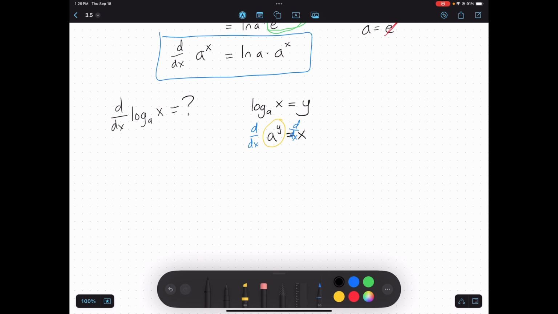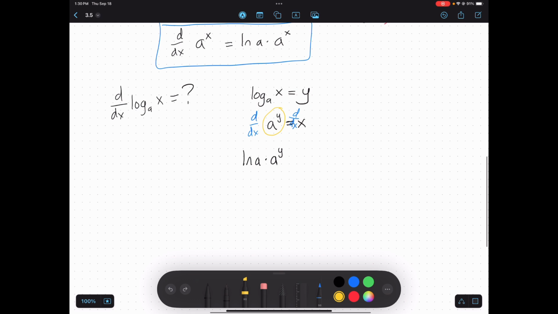So when I do the derivative of a to the y, I get natural log of a times a to the y. That's based off of my rule that I just came up with. But remember, this requires implicit differentiation because this is y, and I'm taking the derivative in terms of x. So I'm going to multiply this by dy over dx, or y prime. Remember, you can use either one.